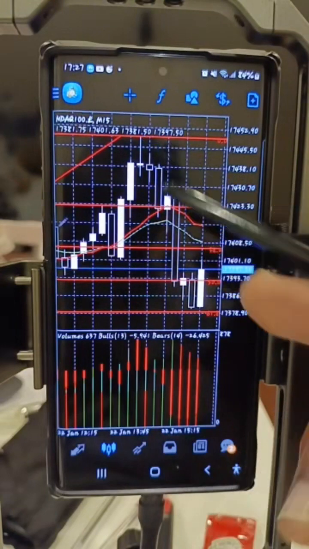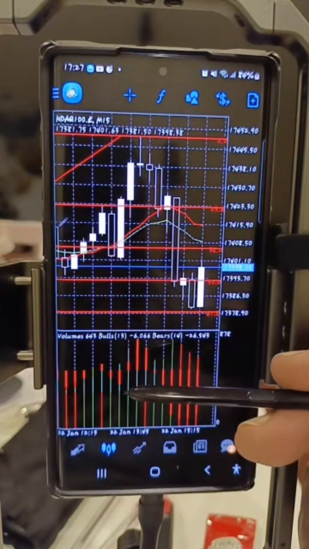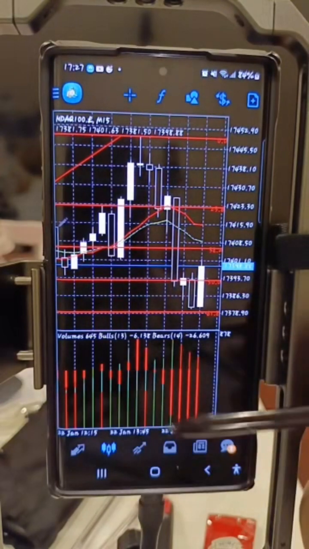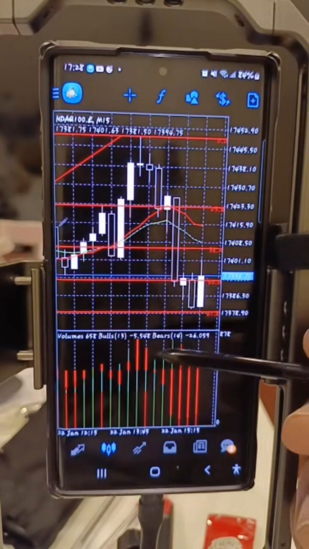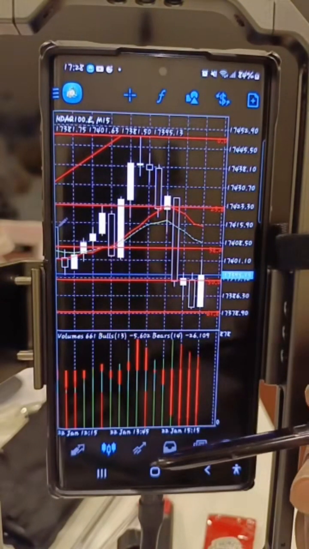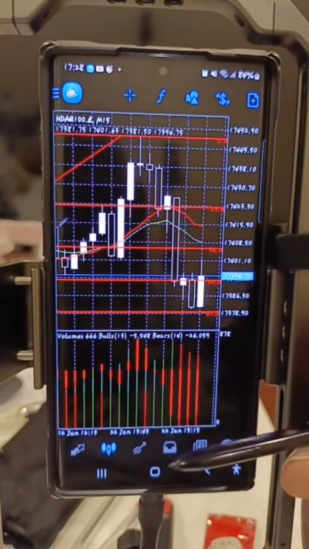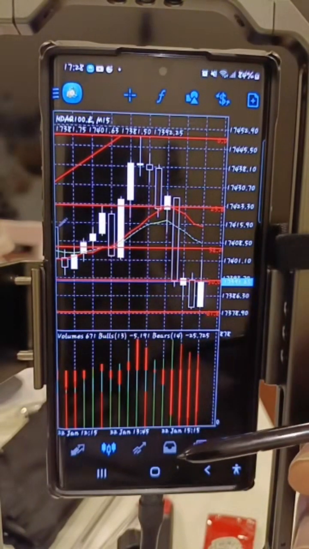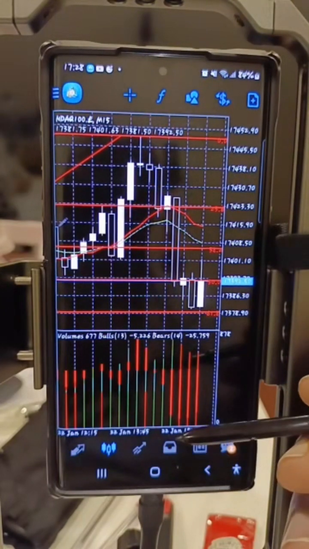You can use the fib to draw your line, so you don't have to stress, as long as you establish your bias. It's two ways it's going to go, up or down. Establishing your bias, looking at the month and the day. Is the month and the day in line? If the month and the day are in line, you're good to go.